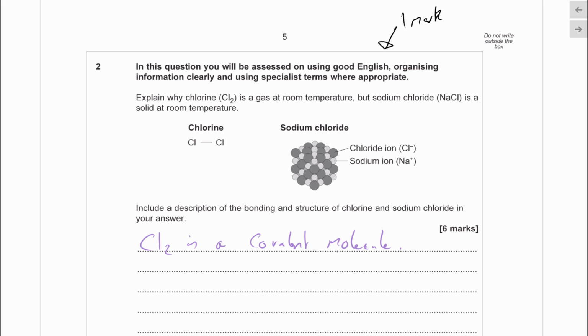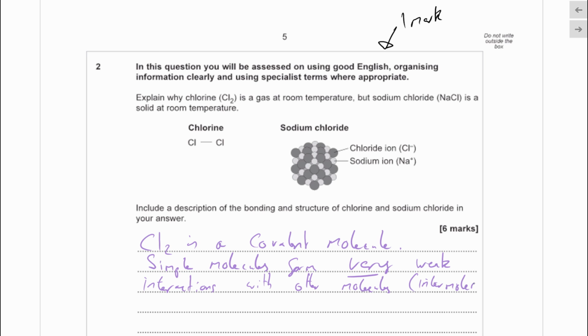Alright. Now that is literally worth a mark on its own because you've mentioned what type of bonding there is and you've mentioned that it forms molecules, right? So next I'm going to say that simple molecules form very, I'm going to underline that just so you know that it's important, very weak interactions with other molecules. And those are intermolecular forces.